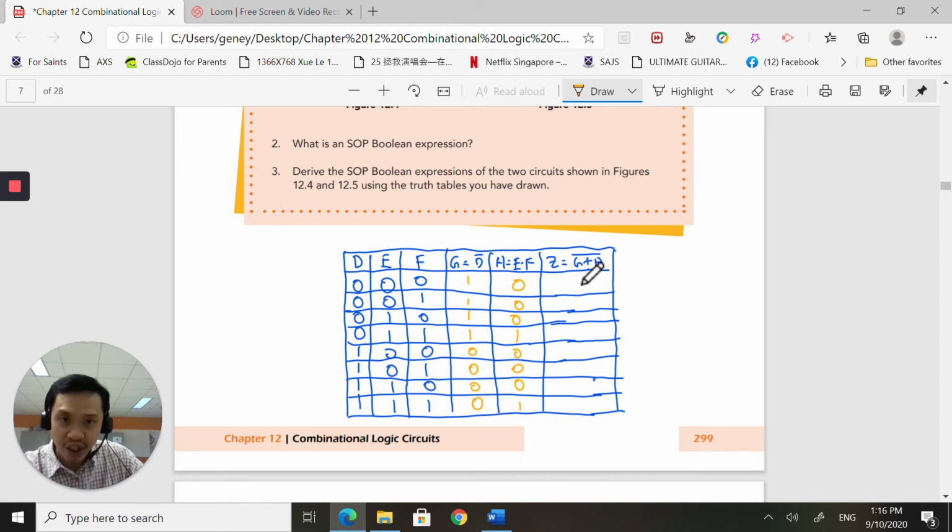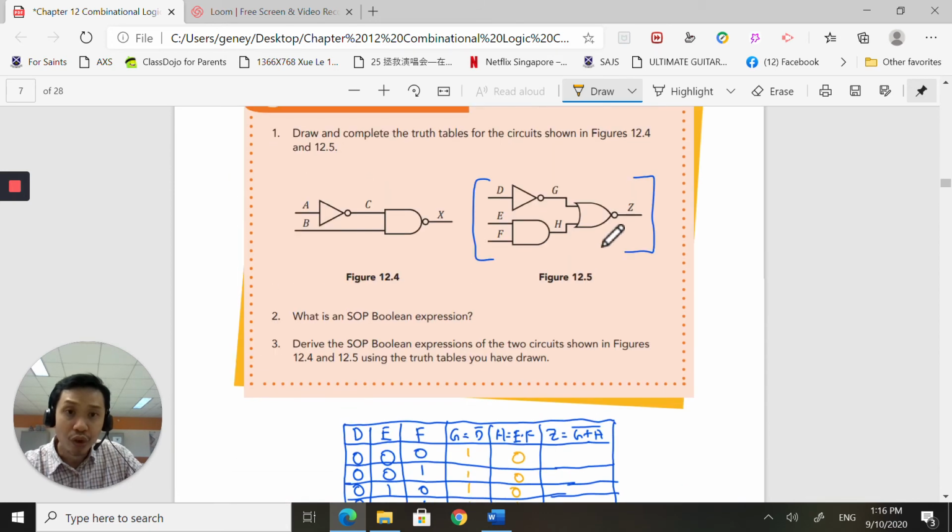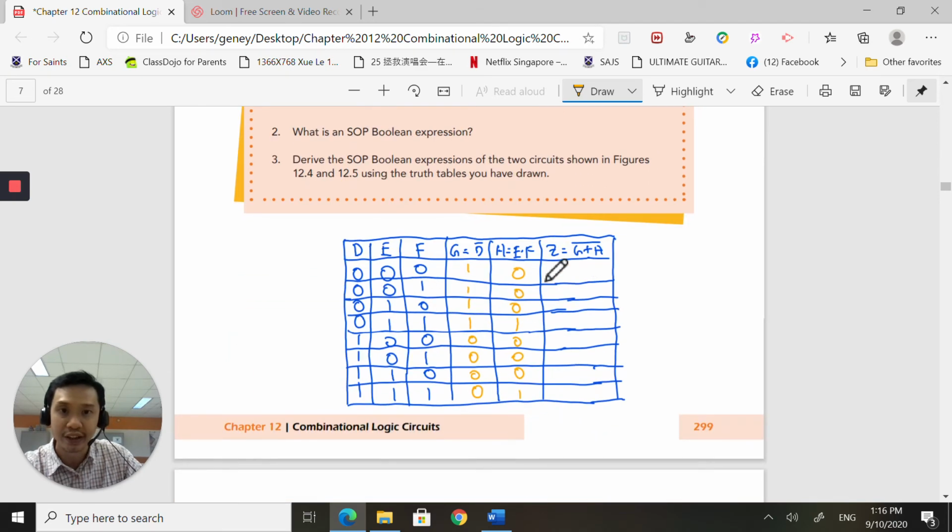So now the output is G NOR H. Okay, it's a NOR gate. So it must be a NOR, not an OR. Ordinarily it will be 1, but it is not an OR. Okay, so this one is supposed to be a 0, but now because it's not an OR, it is a 1.